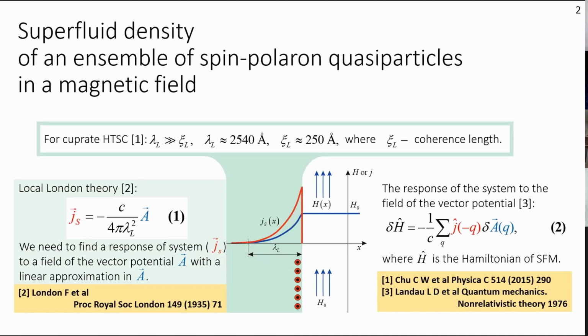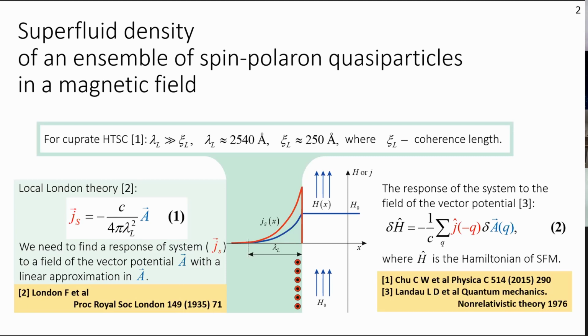Since the London penetration depth in cuprates is many times bigger than the coherence length, the London equation can be used, and this equation is satisfied with good accuracy.